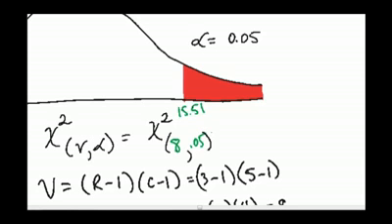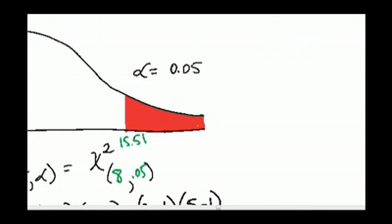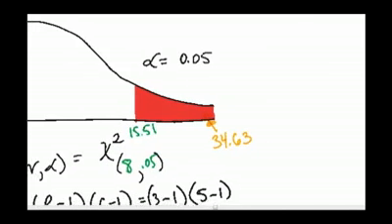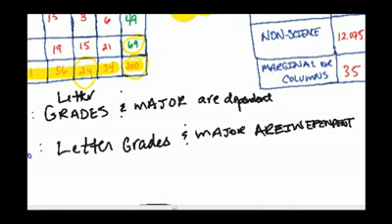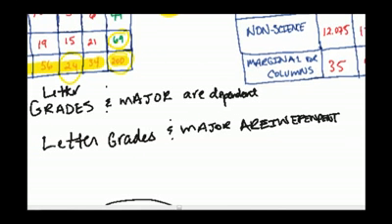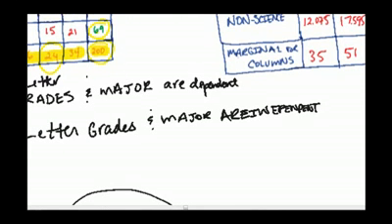When we did our test statistic, we got a chi-squared value of 34.63, which is way over here in rejection region land. So what were our two hypotheses? We're not doing goodness of fit, we're doing independence.